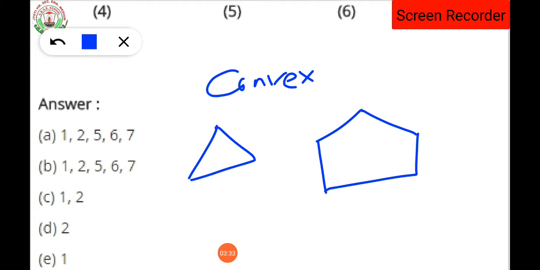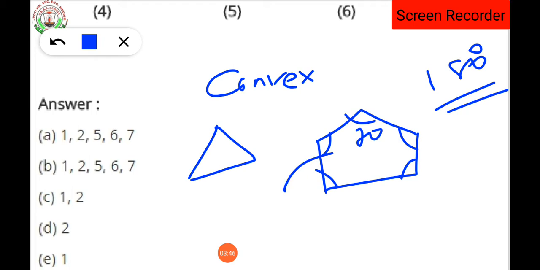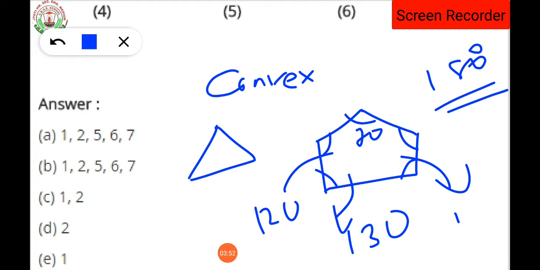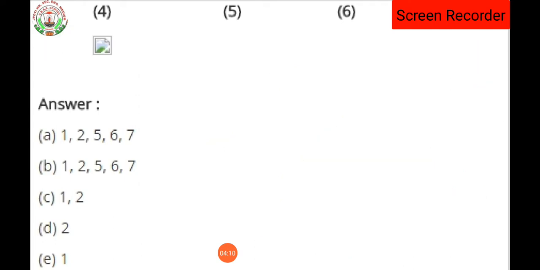So here it is said that its inward angles are less than 180 degrees, that means suppose this one is 170 degrees, this one is 120 degrees, this one is 130 degrees, this one is 89 degrees, like that. Okay, so all the angles will be less than 180 degrees. Now I am not talking about the addition here. I am talking about only individual angles which are less than 180 degrees. Such type of figure is said to be a convex quadrilateral.